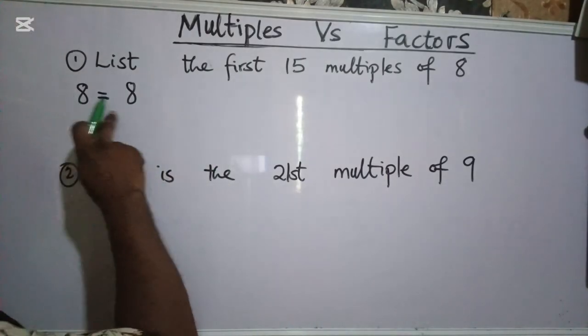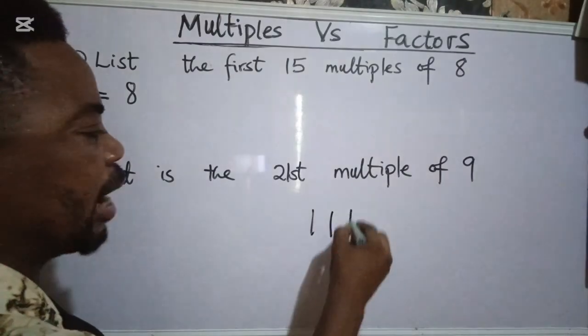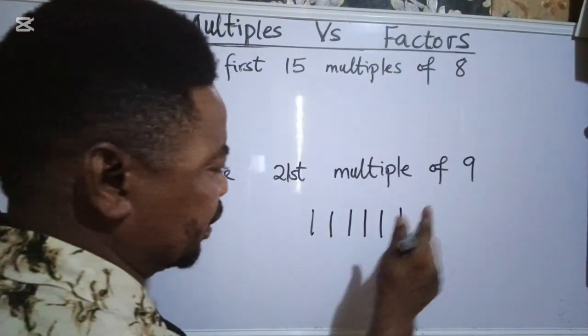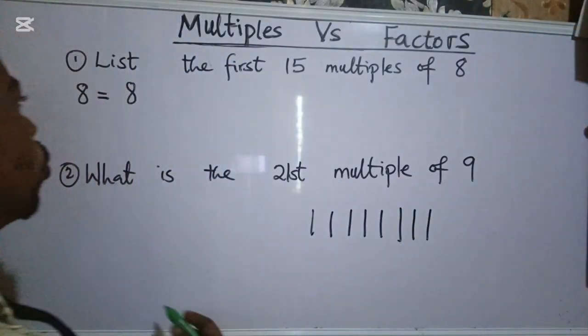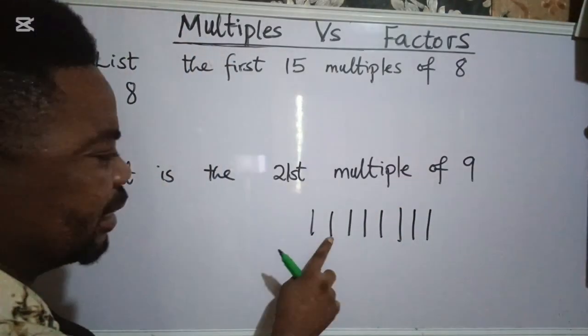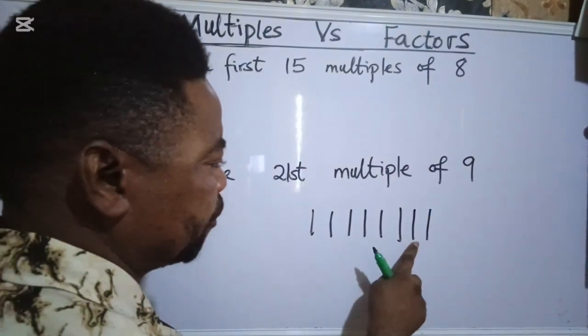So the best way to do this is to count your 8 somewhere in your jotter. This is 8: 1 2 3 4 5 6 7 8. Now let's go. We have written the first one, 8, so let us continue counting. 9 10 11 12 13 14 15 16.